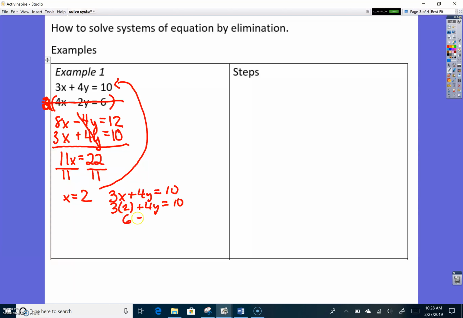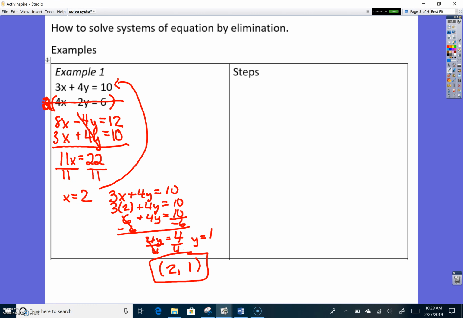So this is 6 plus 4y equals 10, minus 6, minus 6. 4y equals 4. Divide by 4. Cancel. Y is equal to 1. So my answer is 2, 1.